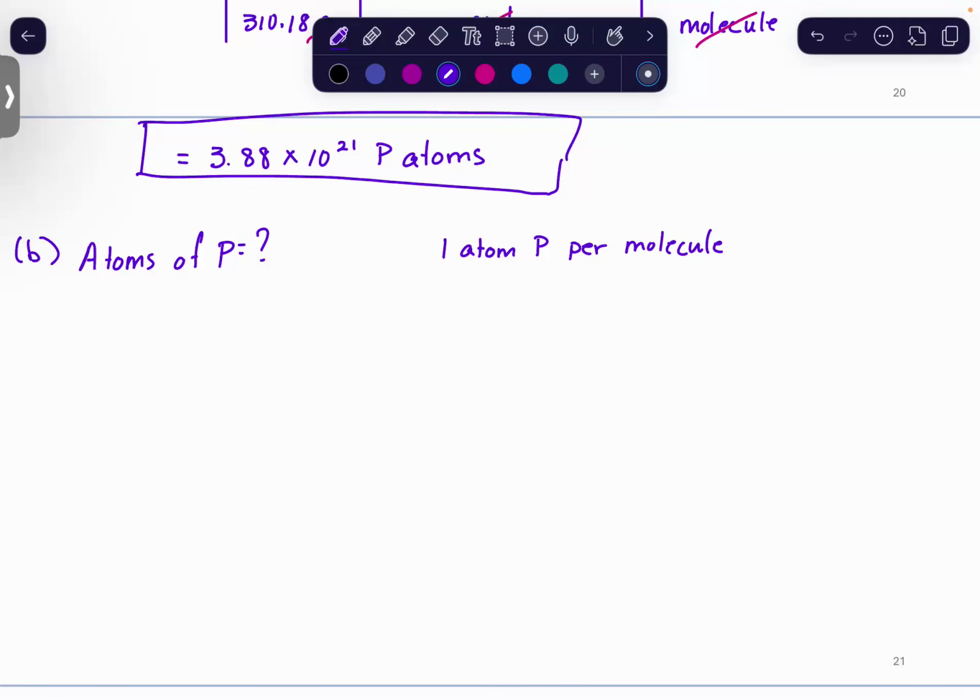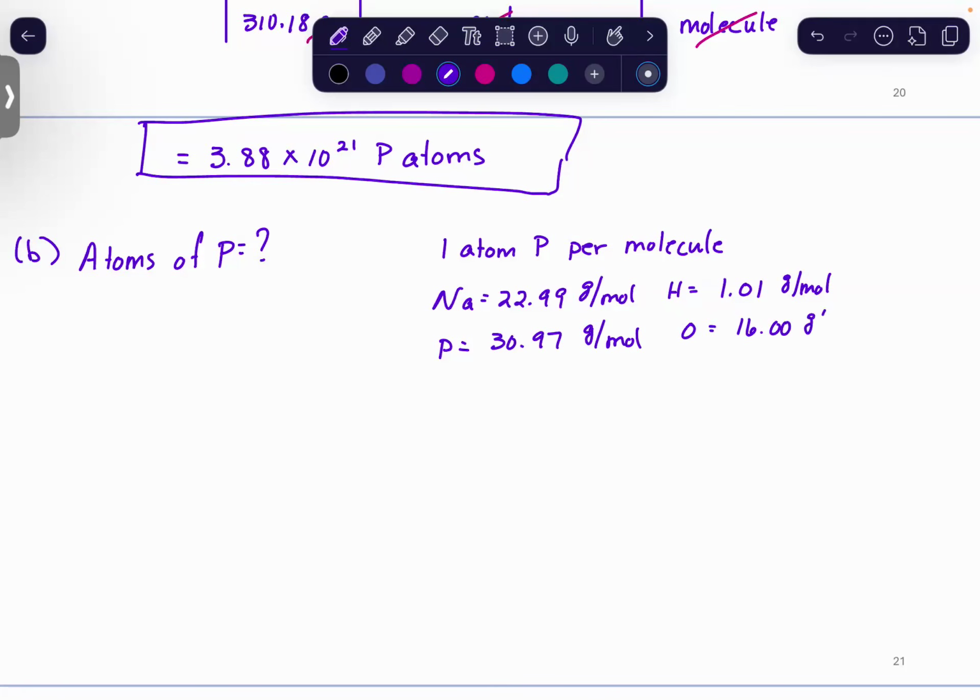I have my 1 gram, so sodium, 22.99 grams per mole. Hydrogen is 1.01 grams per mole. Phosphorus, 30.97 grams per mole. And oxygen, of course, is going to be our 16 grams per mole.